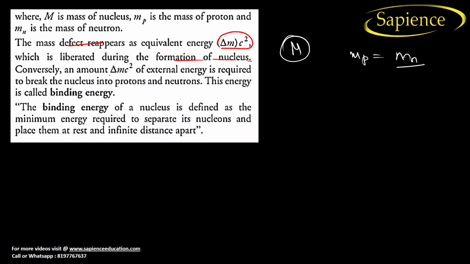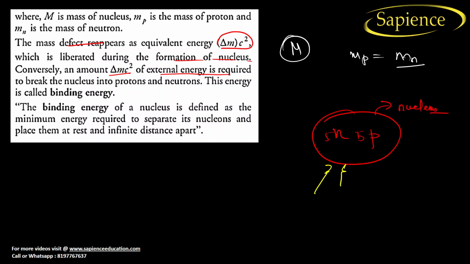Conversely, an external energy of Δmc squared is required to break the nucleus into protons and neutrons. Let us consider 5 neutrons and 5 protons in the form of a nucleus. When they combine, we get the energy. Now if you want to break it up, we need to provide energy, and this energy will be just equal to the binding energy itself.